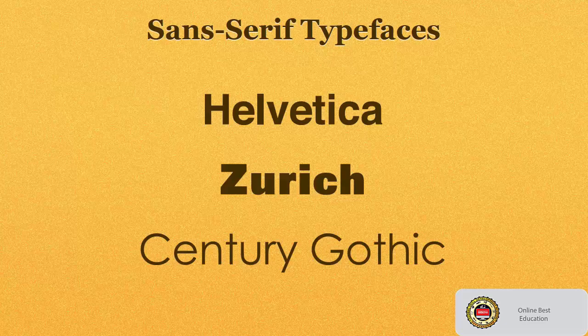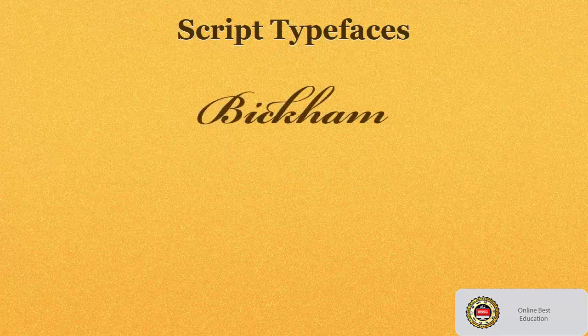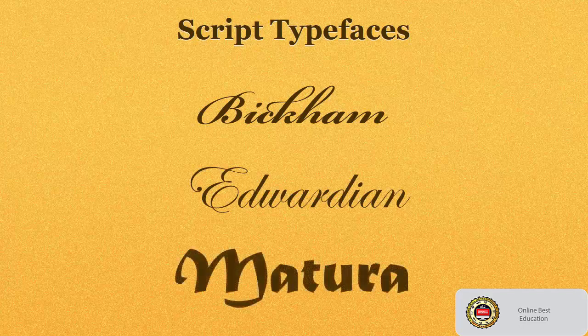Okay? All right, now, next up, we have script typefaces. These are most often elegant-looking typefaces, like Bickham, one of my favorites again. We also have Edwardian. Notice very, very decorative, very elegant-looking, very scripty-looking. And there's another one called Matura.